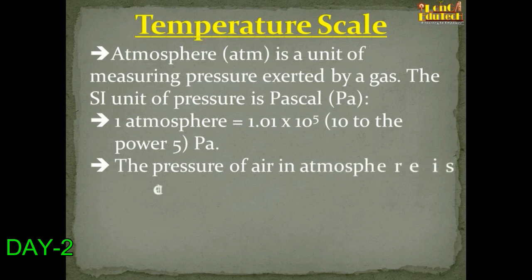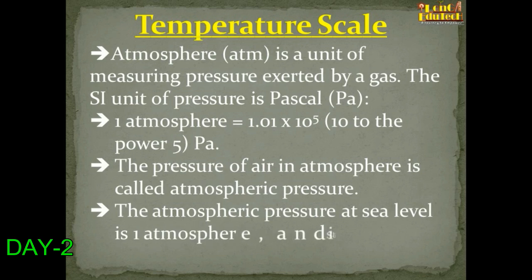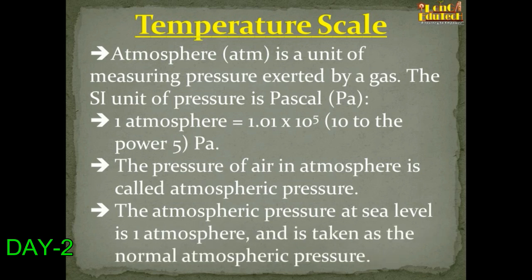The pressure of the air in the atmosphere is called atmospheric pressure. And the atmospheric pressure at sea level is 1 atmosphere and is taken as the normal atmospheric pressure. So we are living here with 1 atmospheric pressure.